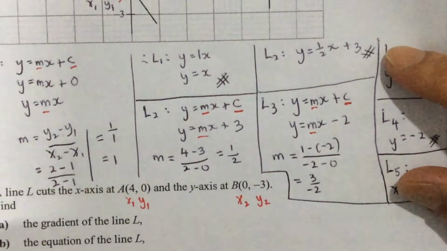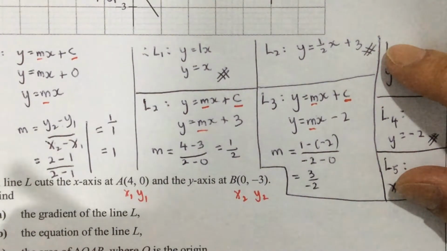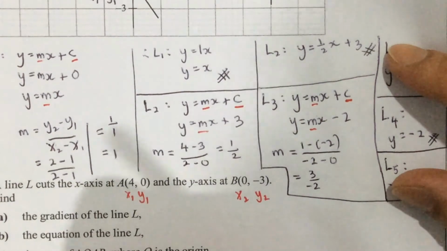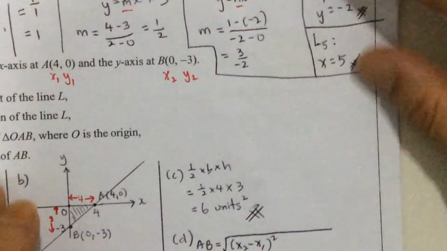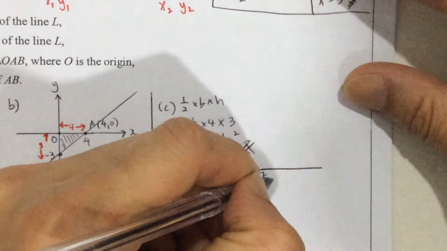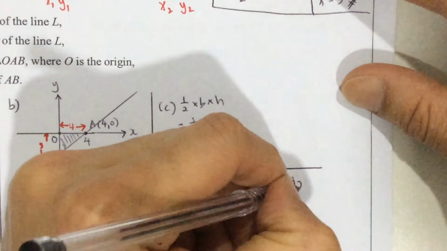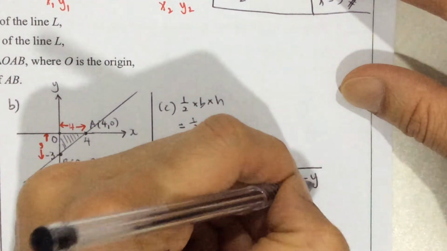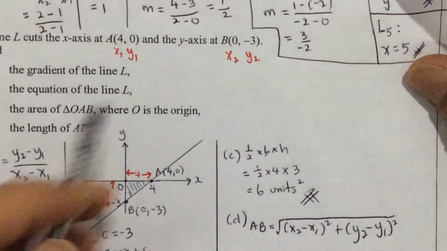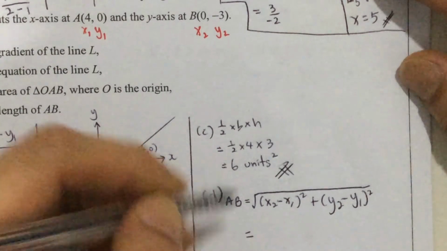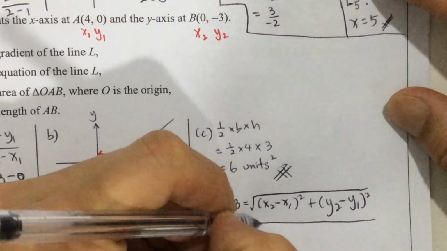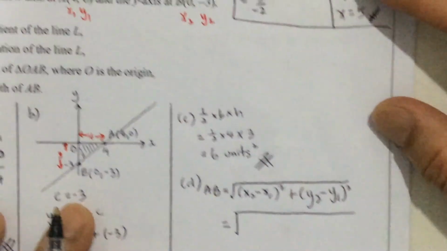So in this case, AB is equals to the square root of x2 minus x1 square plus y2 minus y1 square. We already have the x2 y2 and the x1 y1, so we will substitute the value inside this formula.